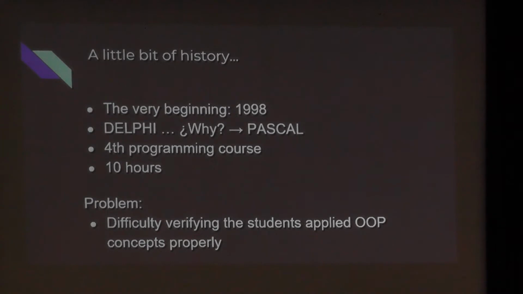Because at that moment we used Pascal, and we believed that providing that knowledge with Delphi maybe would make the problem about the syntax of the language easier, but okay, I'll continue after that.